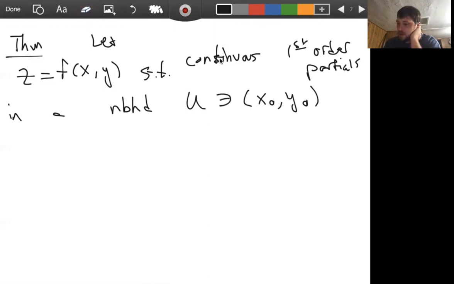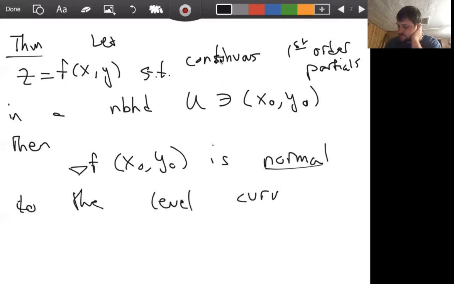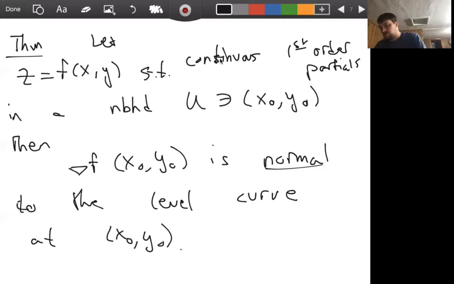Well, then the gradient at x naught, y naught is normal, meaning orthogonal, to the level curve at x naught, y naught. And so what is this theorem saying?